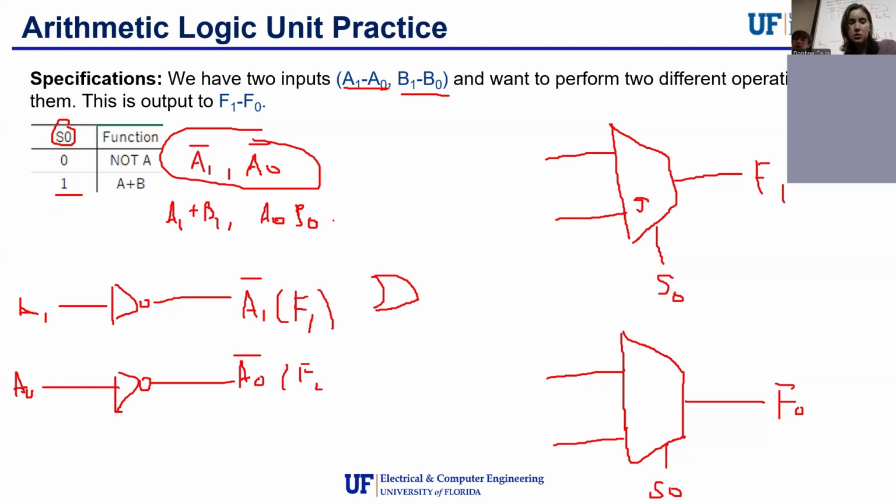And so I'm not going to draw all of it for S0 equals 1, but this is what one of the bits looks like. So this is A1 or B1, and this will correspond to F1. And so let me just label these. You're probably going to want to come up with a good internal label name for these.